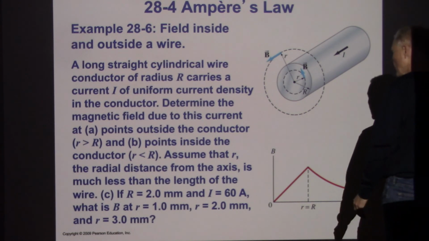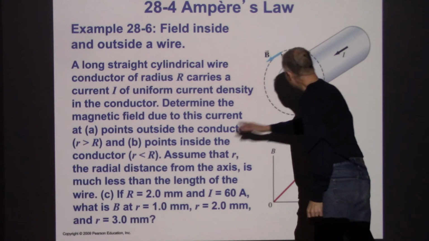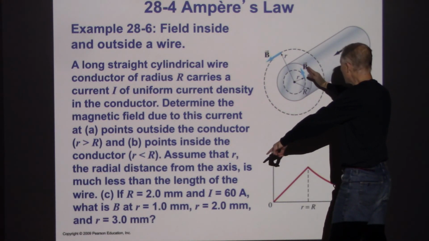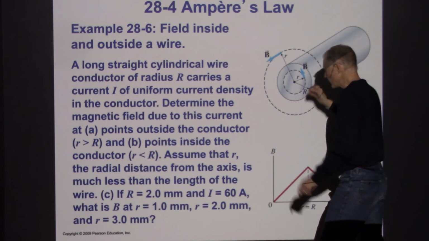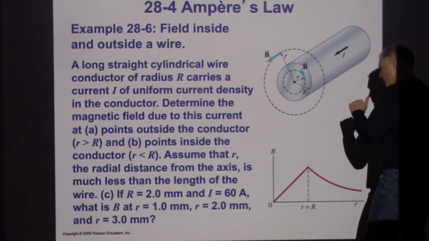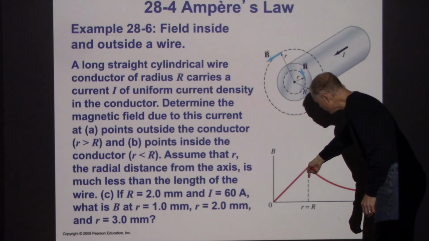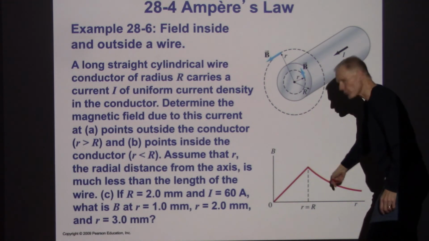Now for outside, the 2 millimeter measurement is going to be right at the surface, and the 3 millimeter measurement is going to be outside. So what we're going to get is 1 millimeter is here, 2 millimeters is here, and 3 millimeters is here.